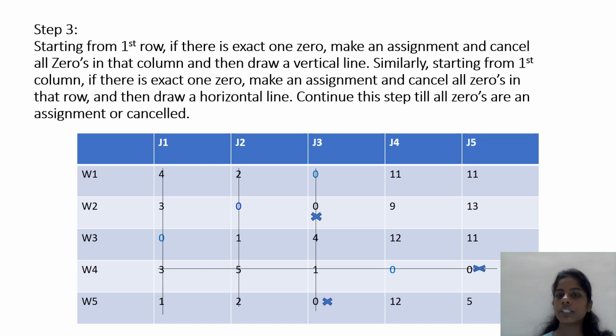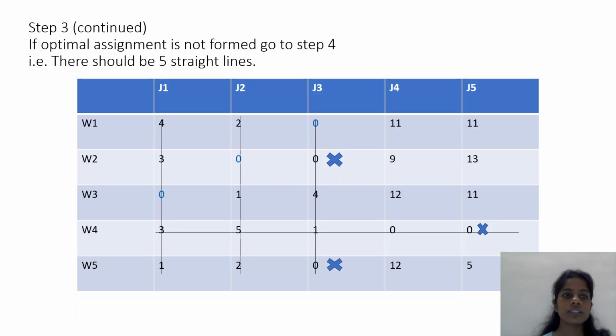Continue this step till all zeros are assigned or cancelled. If optimal assignment is not formed, go to step 4, that is, there should be 5 straight lines.